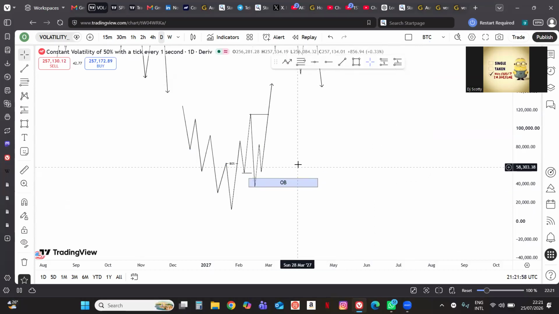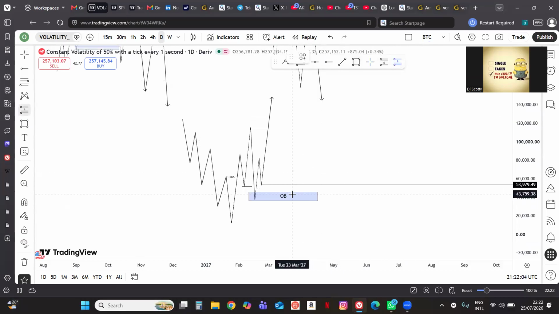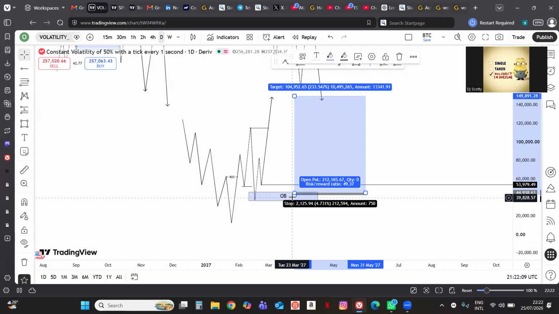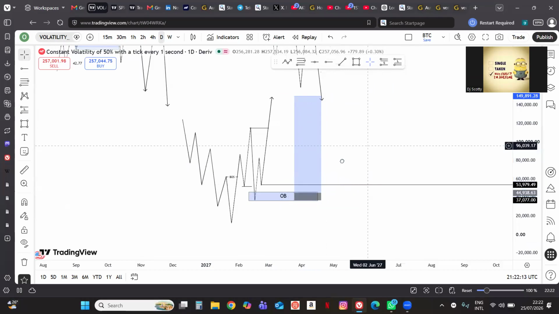Let's call this OB, order block. This order block is valid because of these inducements. And then we can expect the market to come here and buy. This is what we should expect.